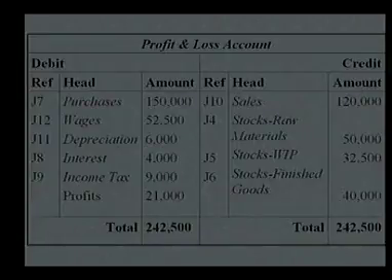Now here in the profit and loss account, this balance carried down is nothing but your profit. So profit has been taken as 21,000 and now you find that both sides are matching. Total under debit side is 242,500 and under credit side it is 242,500. Now since there was no T account for profit, we have to create them.